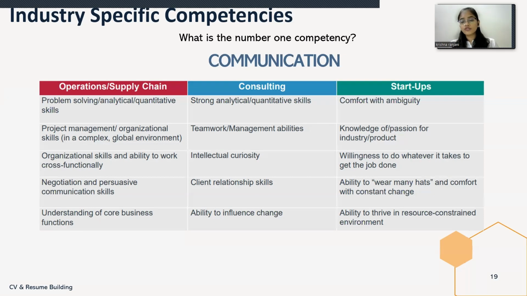So this communication of a resume for each and every industry is different, right? In case of management, you can classify your market into three separate markets: operations and supply chain, consulting, and startup, right? These are some of the subcategories most of these MBA freshers are hired for.